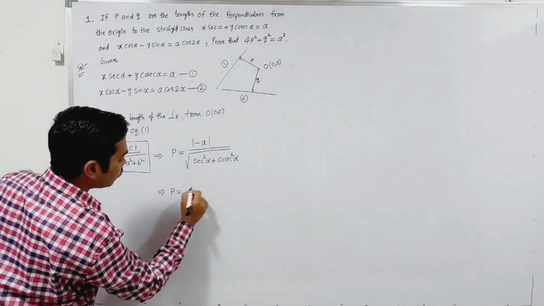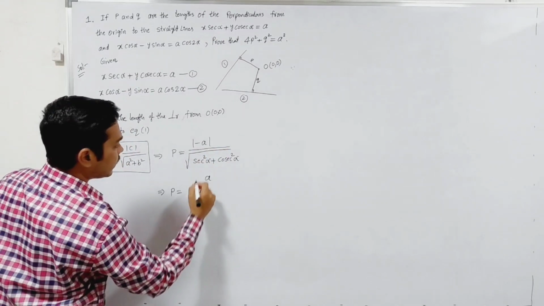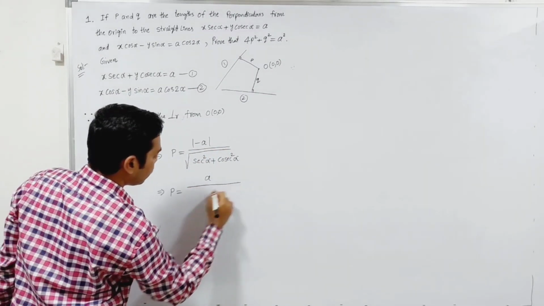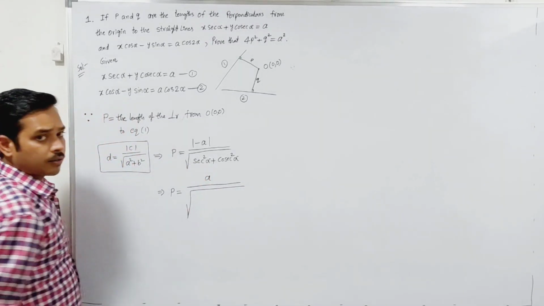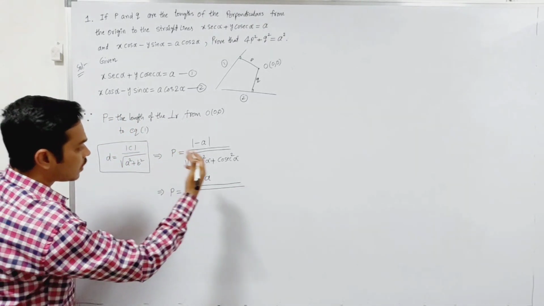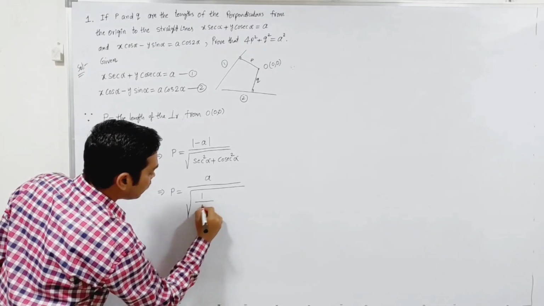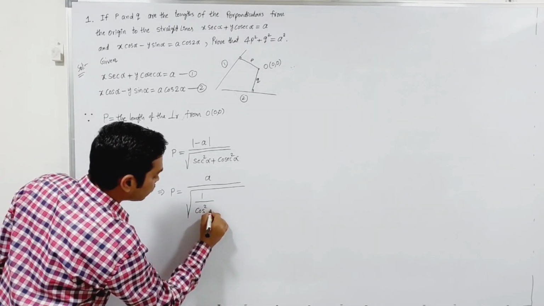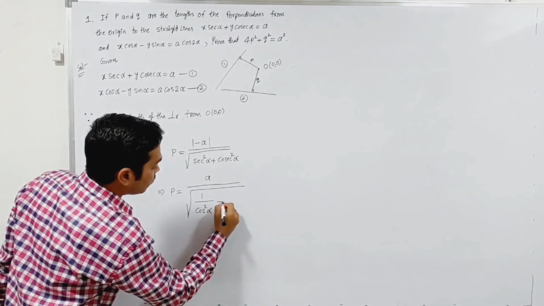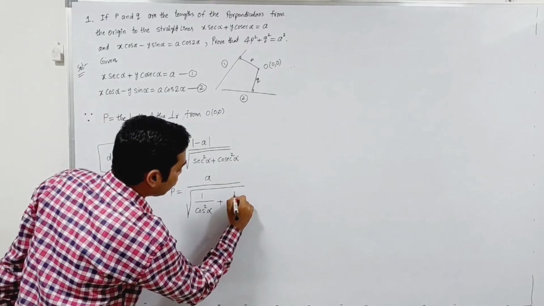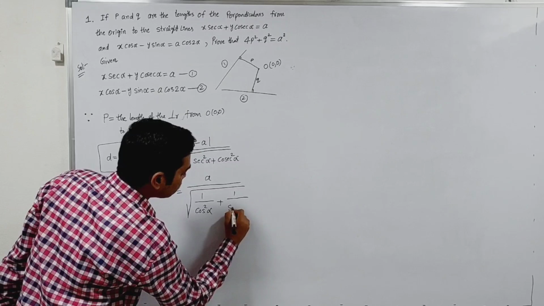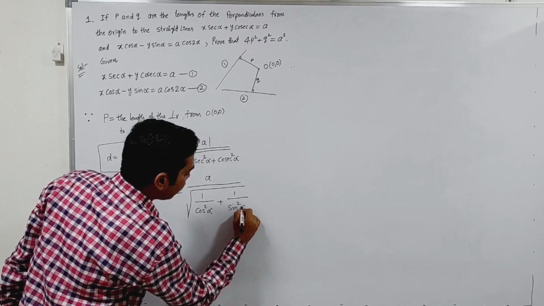P is equal to the modulus of minus a, meaning a, by under root of secant alpha, which is the reciprocal of cos alpha. So secant square alpha means 1 by cos square alpha. Plus cosecant alpha, the reciprocal of sin, so cosecant square means 1 by sin square alpha.